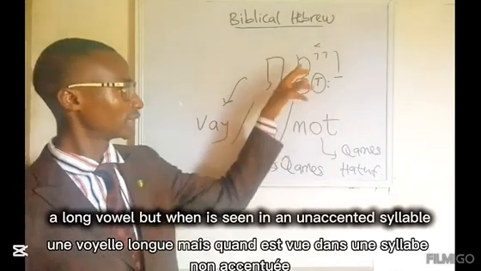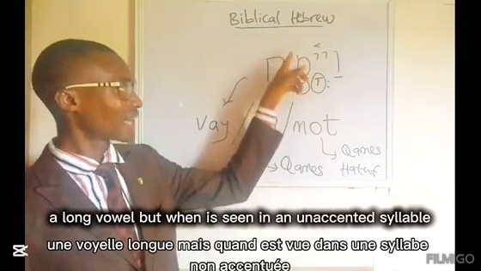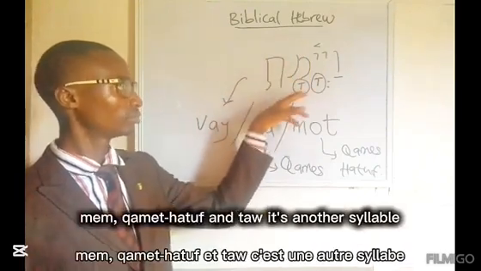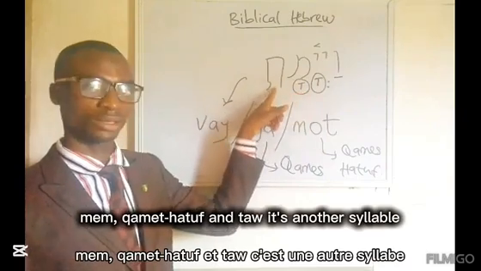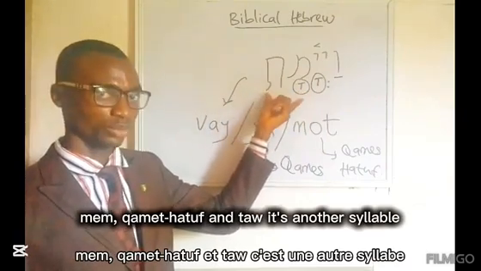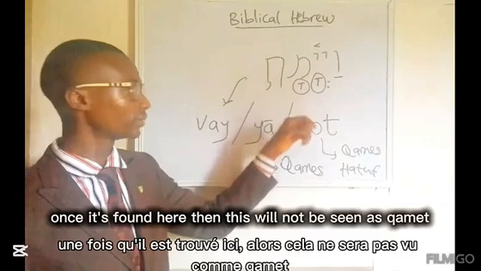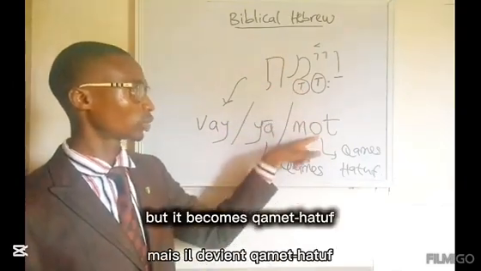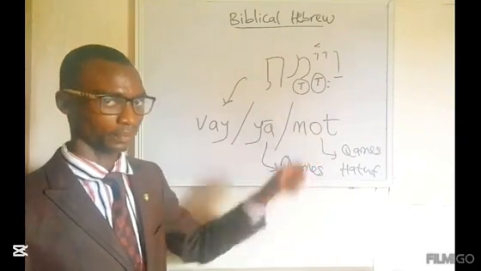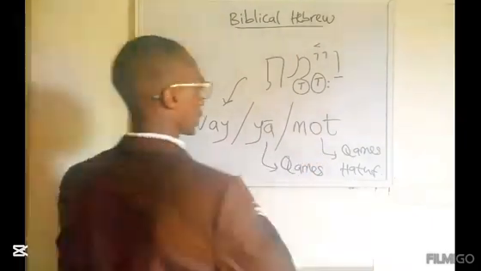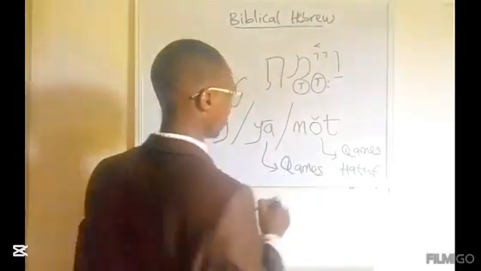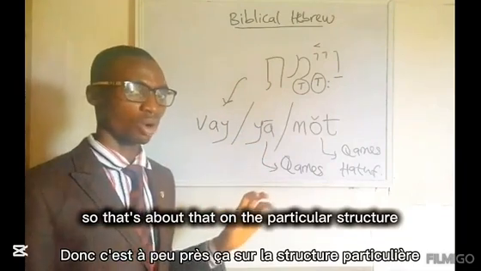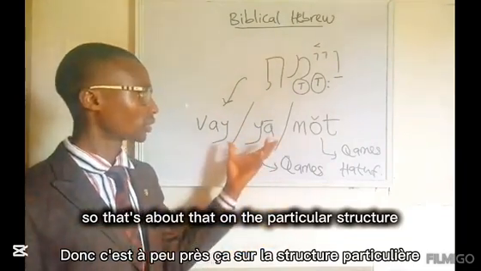But when it's seen in an unaccented syllable, this is another syllable, mem, Qamet-hatuf, and tav is another syllable. So once it's found here, then this will not be seen as Qamet, but it becomes Qamet-hatuf. So that is a Qamet-hatuf. So that's that about that particular structure.